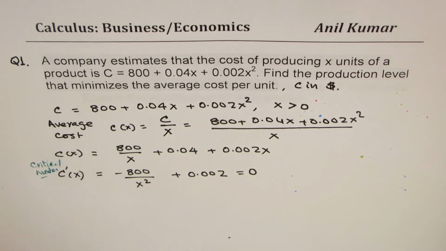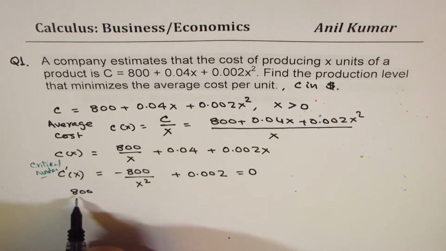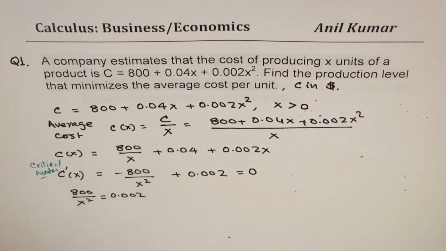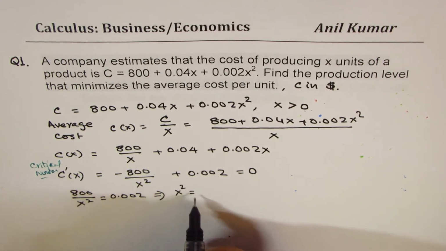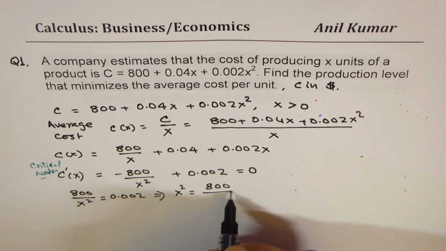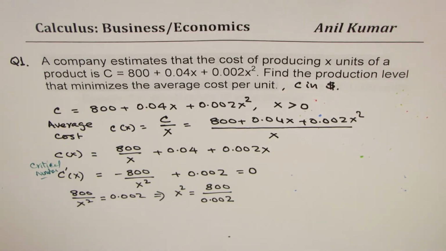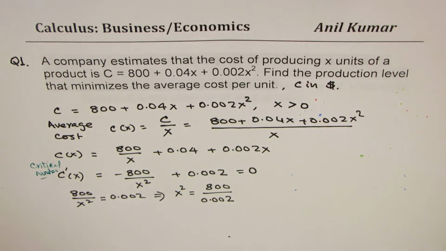Now if you equate it, you get 800 over x squared equals 0.002, or you can say x squared is 800 divided by 0.002. So let's figure this out. It is 800 divided by 0.002. That gives you 400,000.